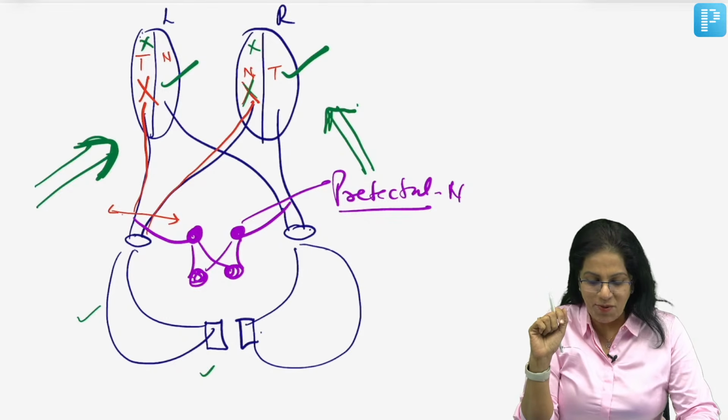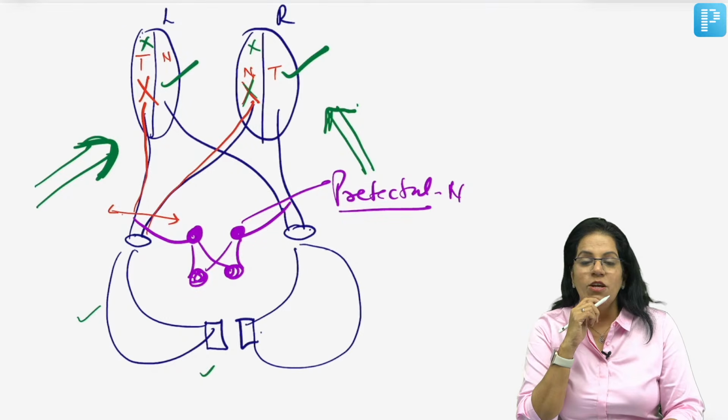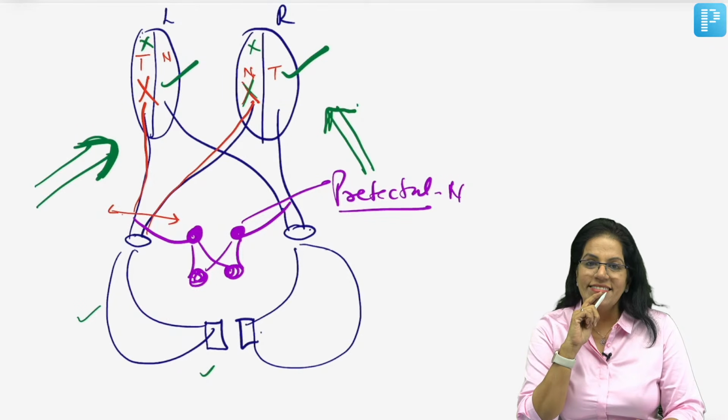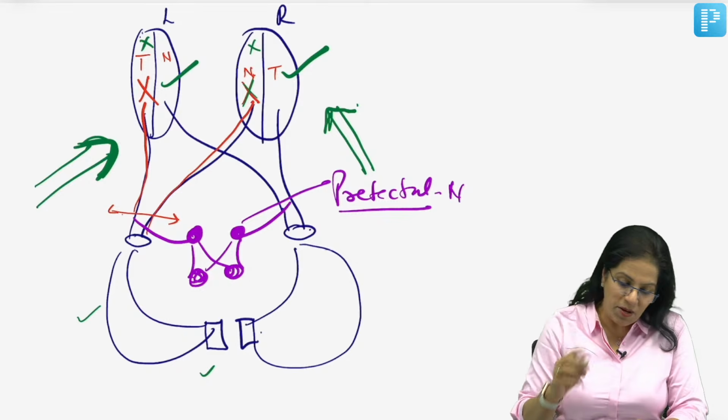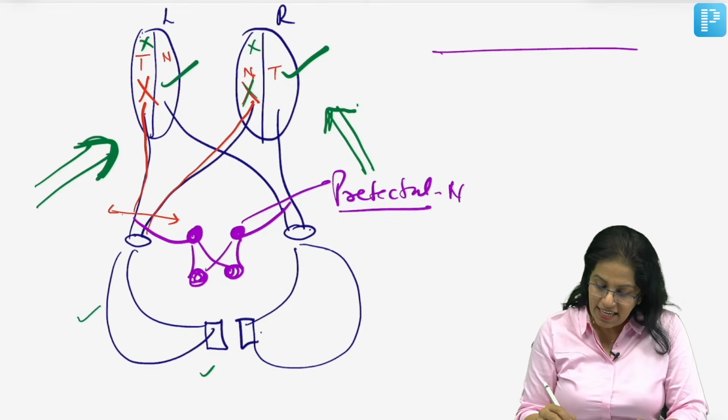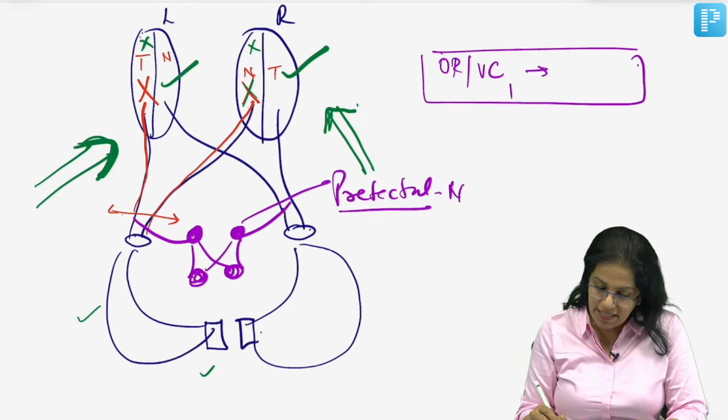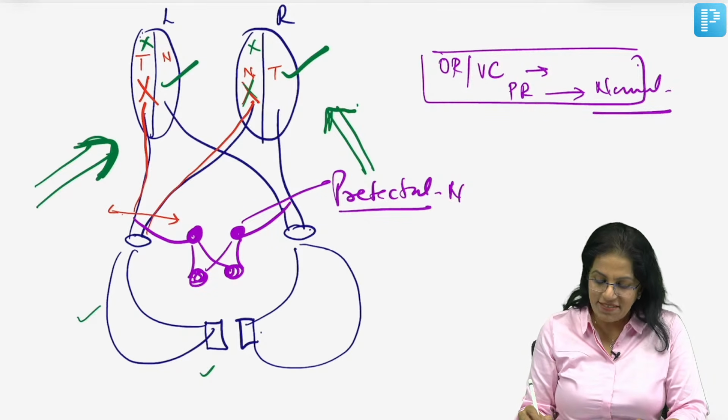Nobody wants to volunteer to answer this? So, think yourself, yes or no? Yes. Okay. So, we make a box and write this nicely, that in optic radiation and visual cortex lesions, pupillary reactions are normal. Got it?